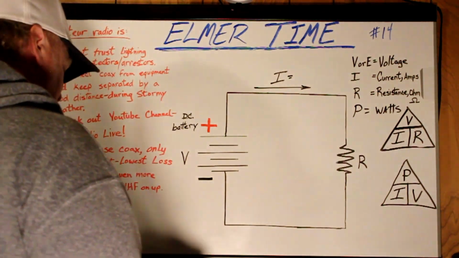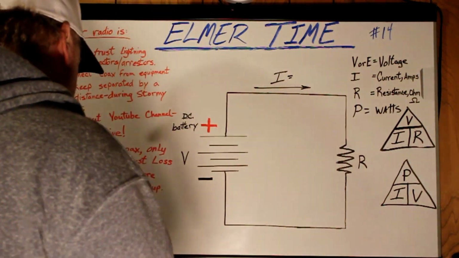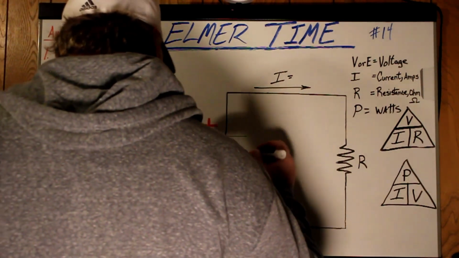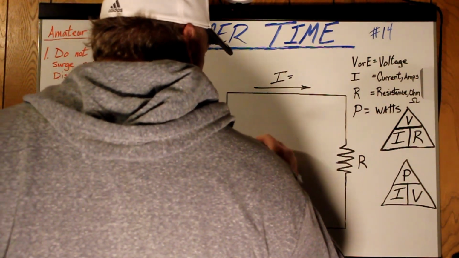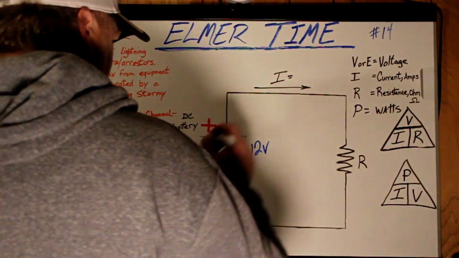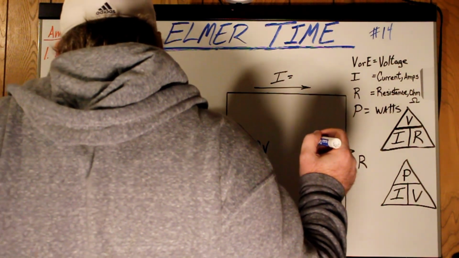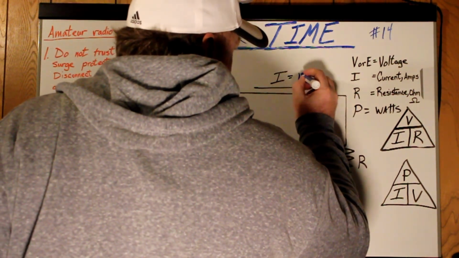For instance, let's try blue. Let's say we've got a 12 volt battery, and our current, let's say it's 15 amps.